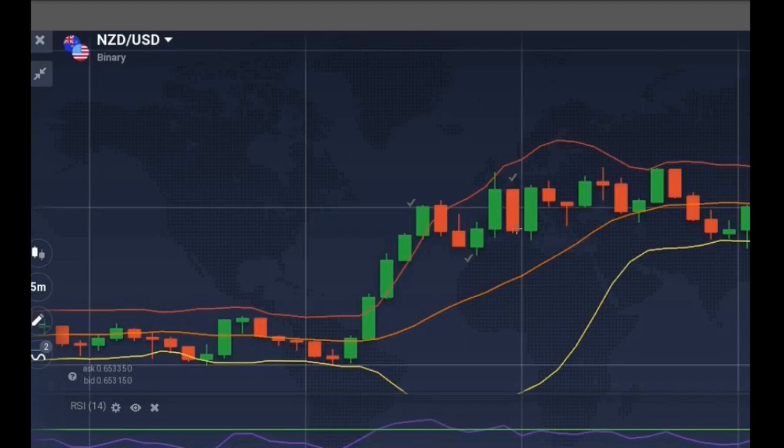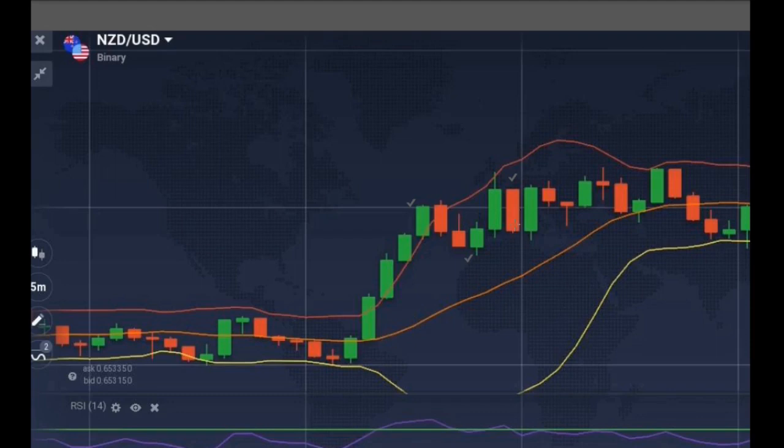After a divergence, you are waiting for a confirmation with a candle that we learned the other day. The confirmation candle can be a Marubozu, can be a hammer, can be a shooting star.